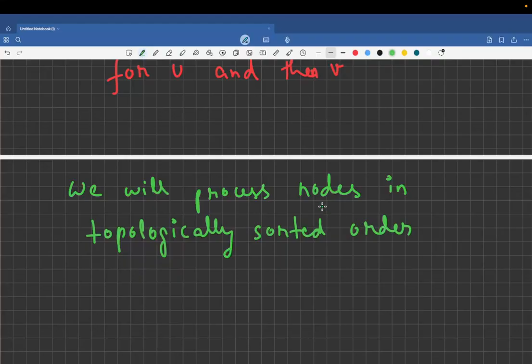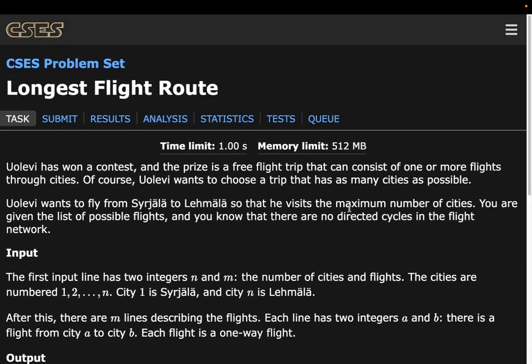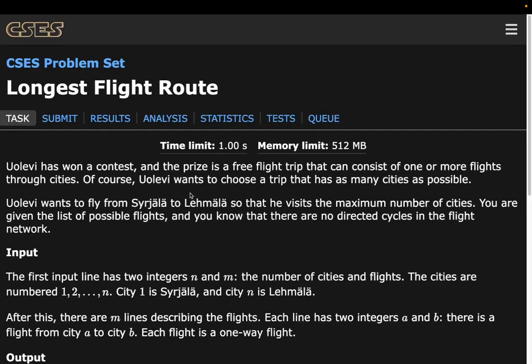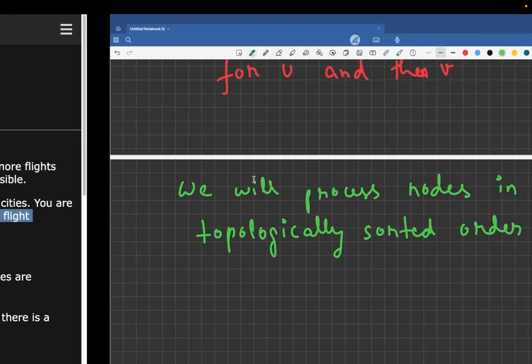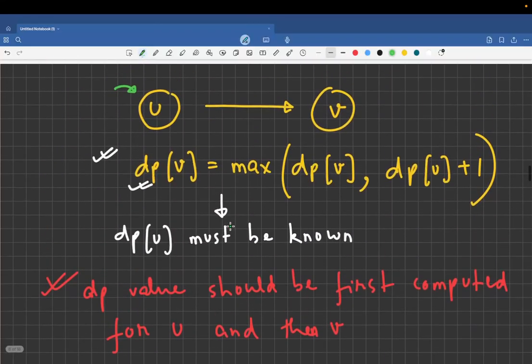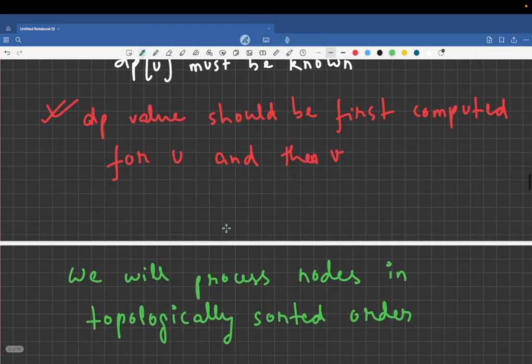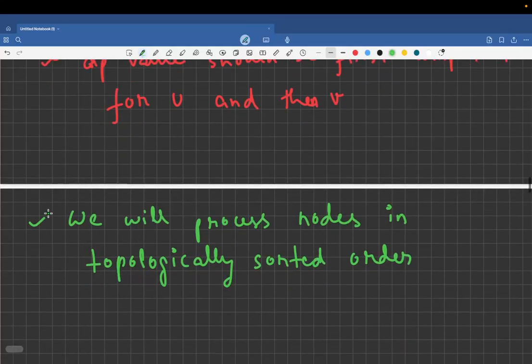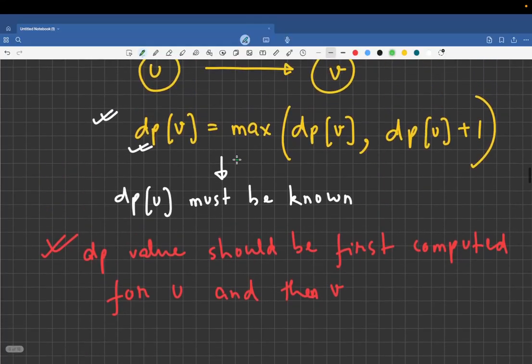And that's why in the problem they have already given that there are no directed cycles in the graph. They have already given that there is no cycle, so it's always possible to compute the topologically sorted order for that graph, and hence you can apply dp over there. So the first task becomes to calculate this topological order, and then you will process the nodes in that order.